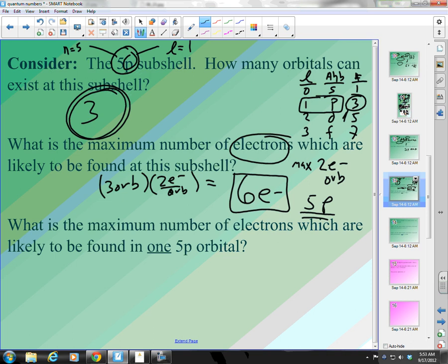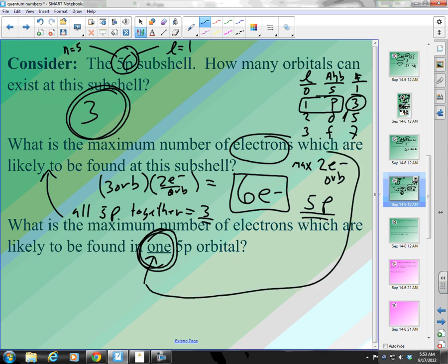What is the maximum number of electrons which are likely to be found in one 5p orbital? The previous question was asking how many can be found in all the 5p orbitals together, right? There were 3 orbitals, but now we're looking at 1 orbital. According to Pauli, how many electrons can be found in 1 orbital?